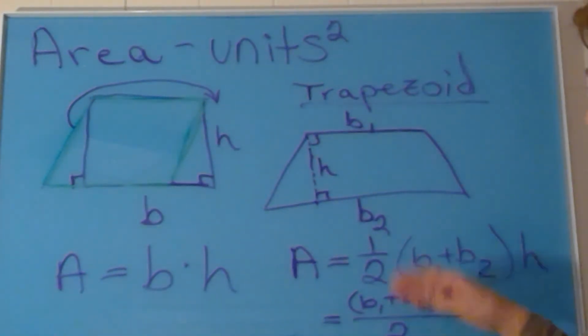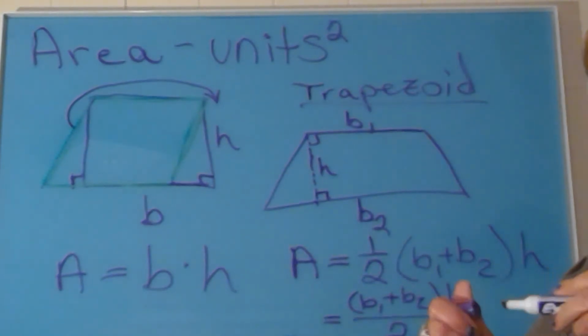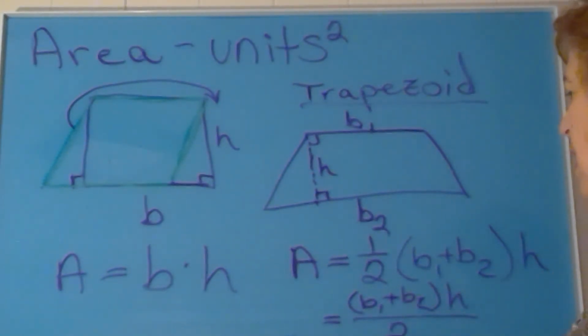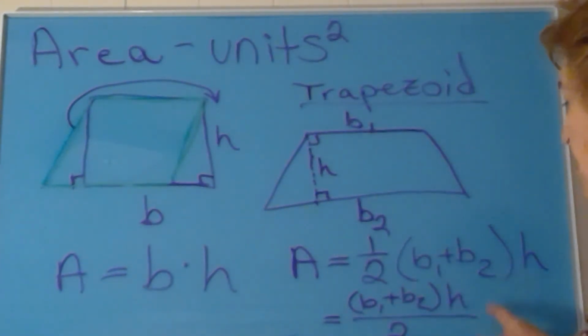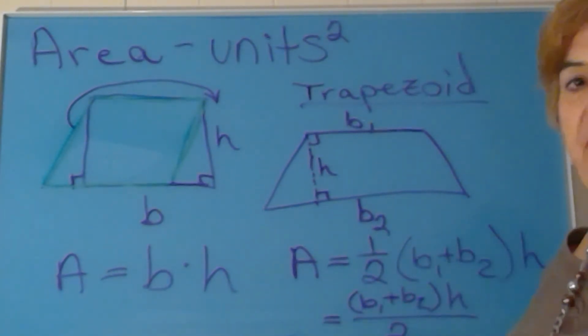It's the same formula. It doesn't matter how you write it. You have to add the two bases together, divide by 2, and then multiply by the height. Or you can add them together, multiply by the height, and then divide the whole thing by 2.